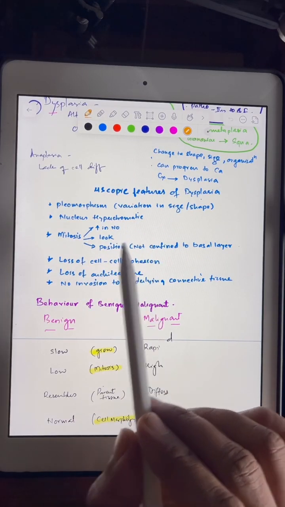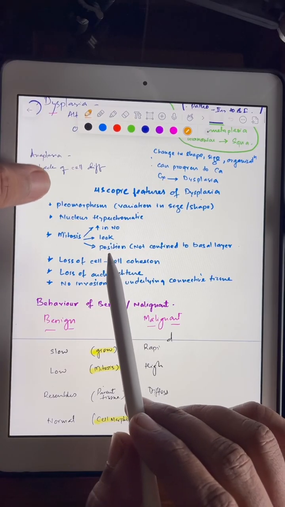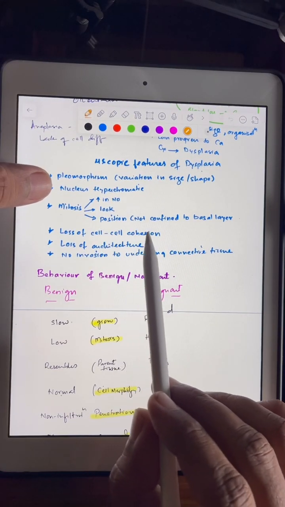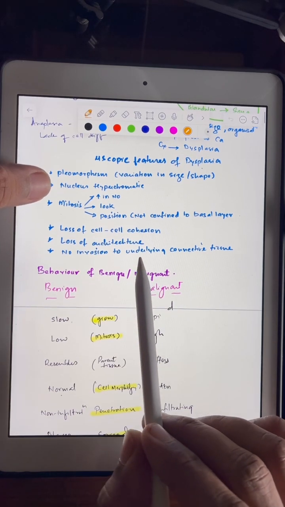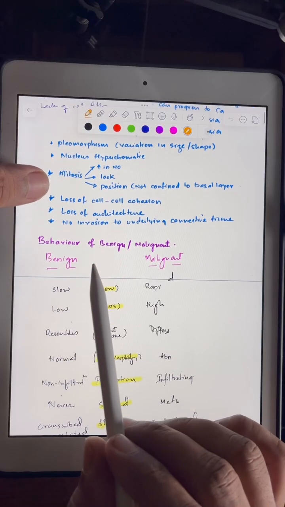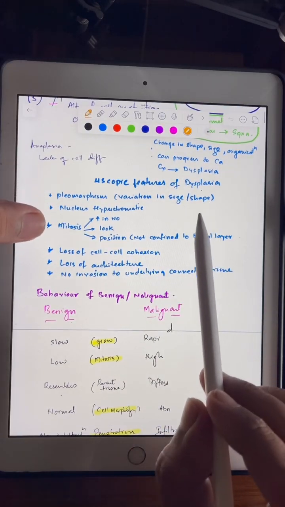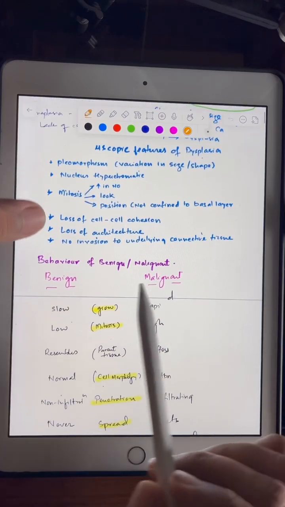Nucleus gets hyperchromatic. Mitosis is increased in number, abnormal in position, not confined to the basal layer. Loss of cell to cell cohesion, loss of architecture, no invasion into underlying connective tissue. So this is dysplasia microscopy. There is no invasion. If there is invasion, it is clear-cut carcinoma.